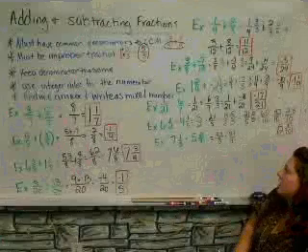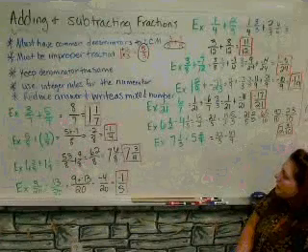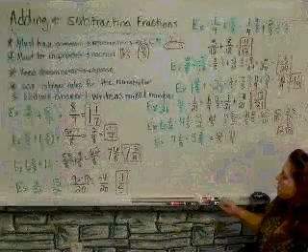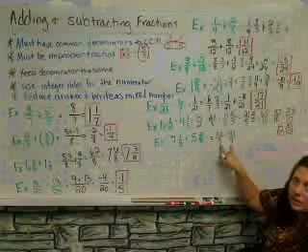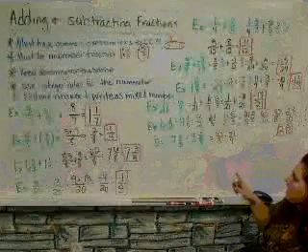Okay, so I've made them into improper fractions. Now, are the denominators the same? No. We need to multiply to make them the same. What is the LCM between 9 and 3? Well, it's 9, okay, because 3 goes into it. So I don't need to change the 9 one.